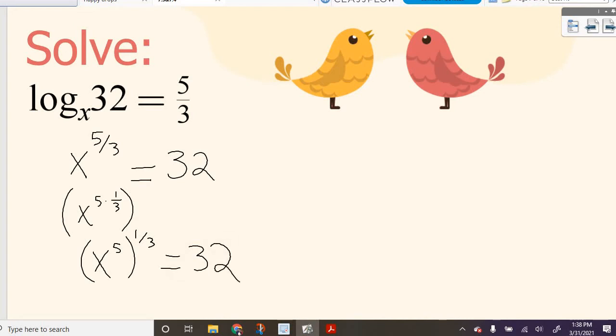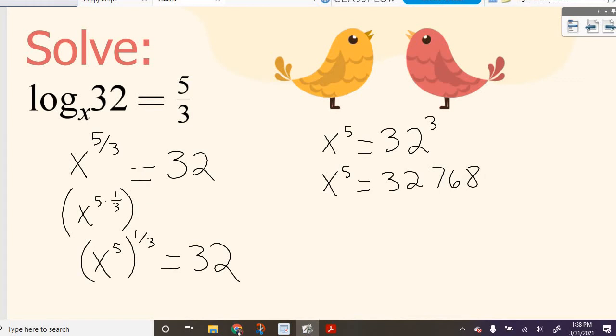So remember that the 1/3 is the same thing as taking the third root of something. So in order to undo taking the third root, we would raise both sides to the third power. And 32 to the third power is going to be 32,768. And I would just use a calculator for that.